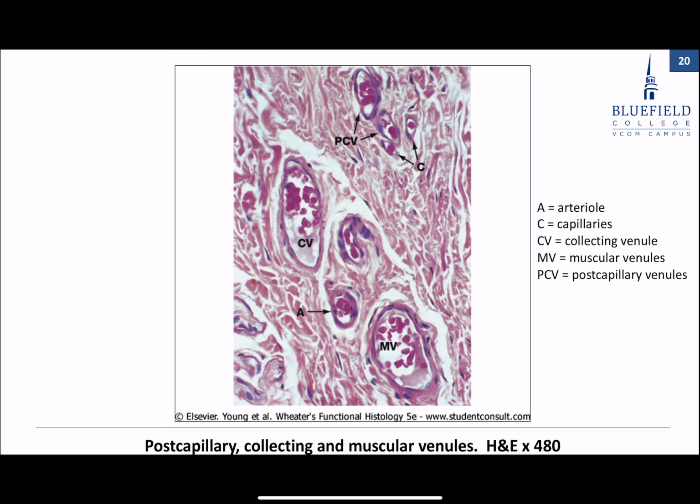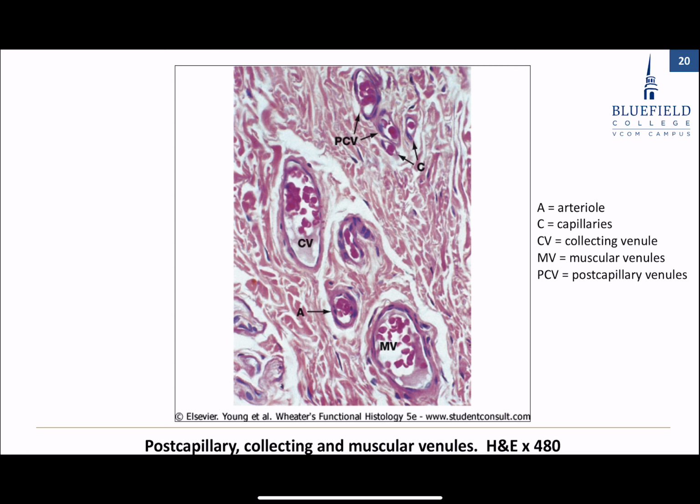It turns out, we already said this has a tunica media of pericytes. The collecting venule has a tunica media of pericytes as well. And once we get to the muscular venule, that's where the wall is now composed of smooth muscle, like we think it should be, okay, like the rest of the blood vessels.